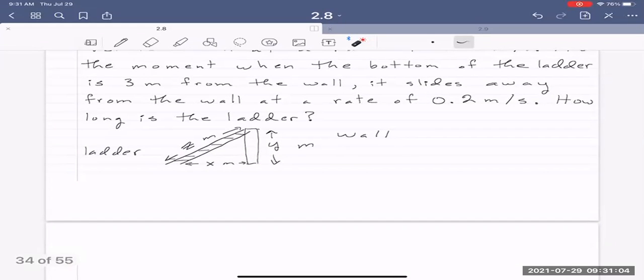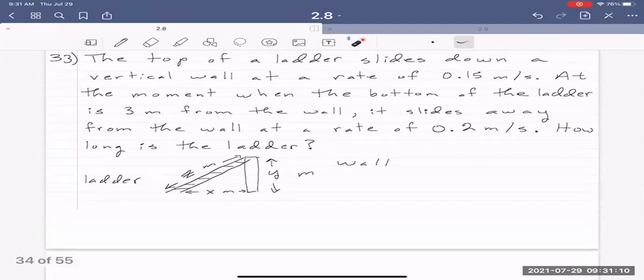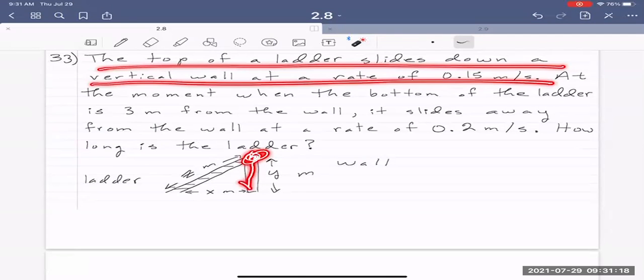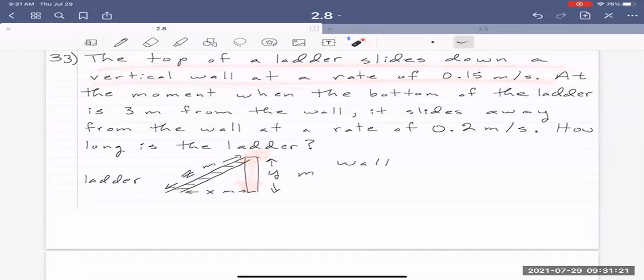Okay, so let's write some things that we know. The top of the ladder, there it is, slides down a vertical wall, there it is, at a rate of 0.15 meters per second.